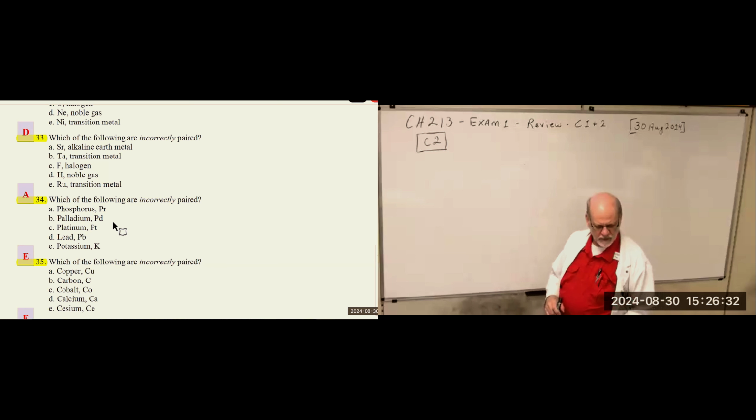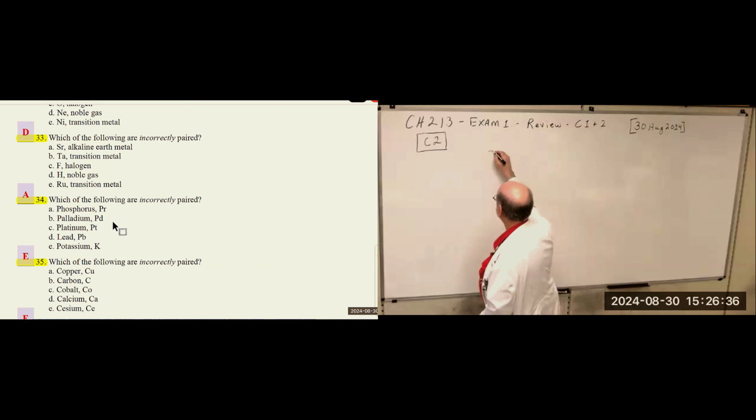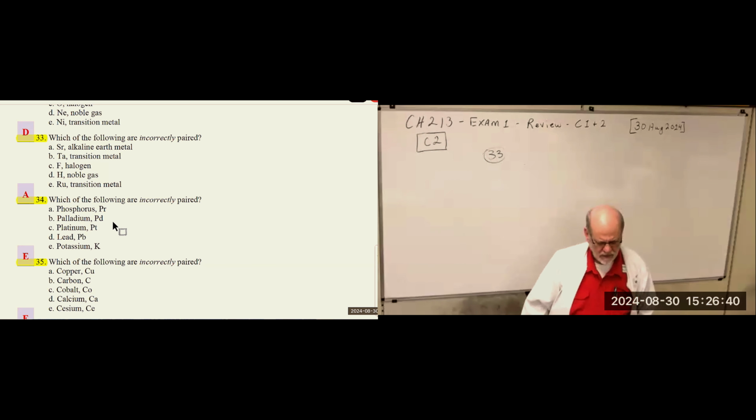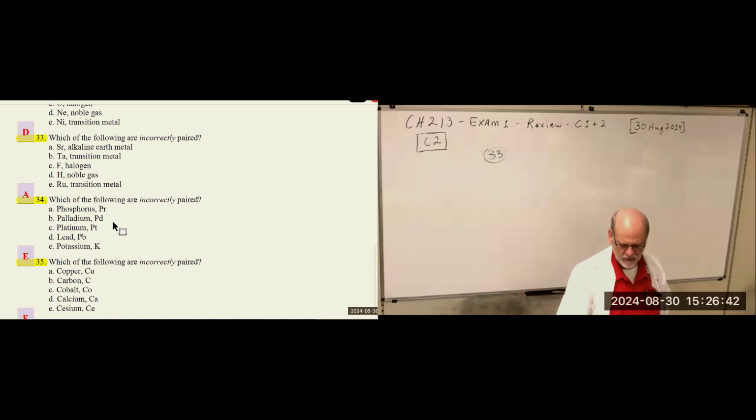33. Which of the following are incorrectly paired? Well, let's see. Is strontium an alkaline earth? Yeah, it's in the second column. How about tantalum? Is it a transition metal? Let's see, where is tantalum? Oh yeah, it's below vanadium and niobium.